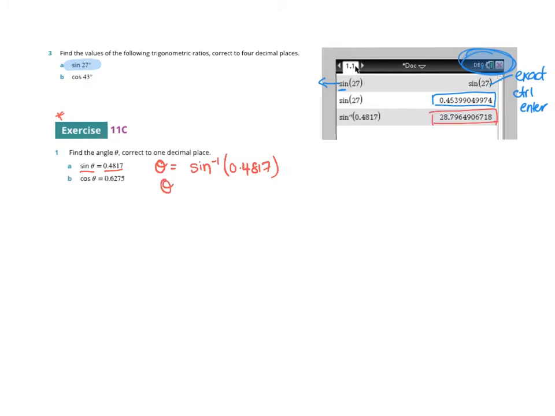So the angle for this one is actually, I'm going to round to the nearest degree, so 29 degrees. This sine inverse sine is still found under the TRIG button. So you'll see you have sine and then underneath it is inverse sine. So you just need to click for that one.